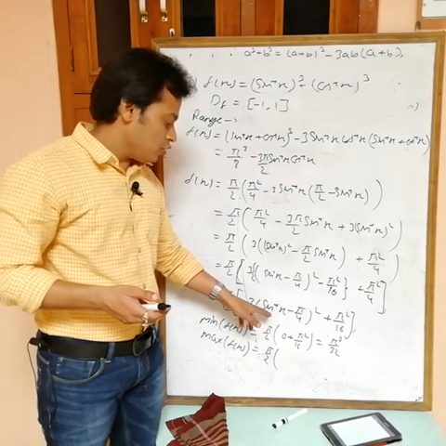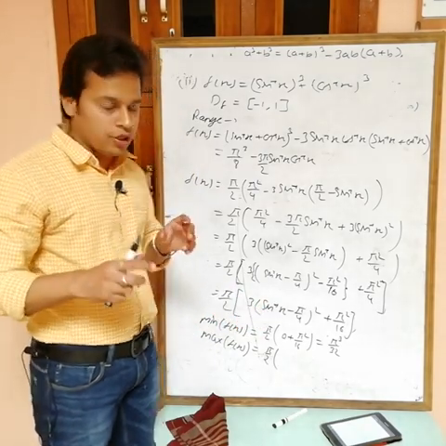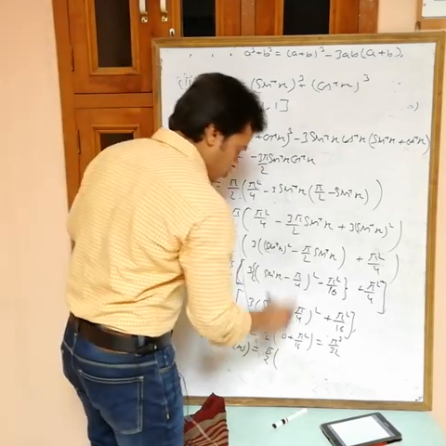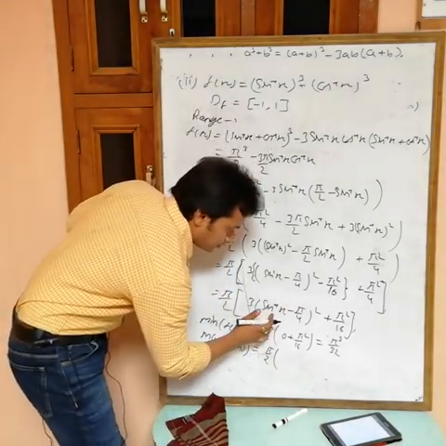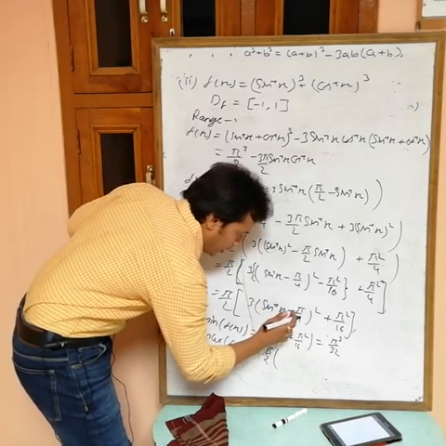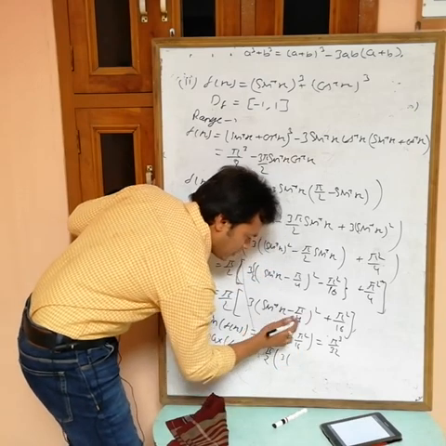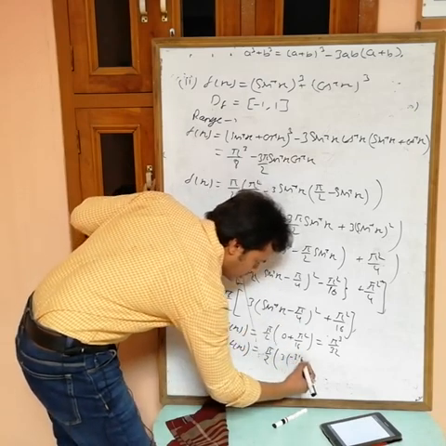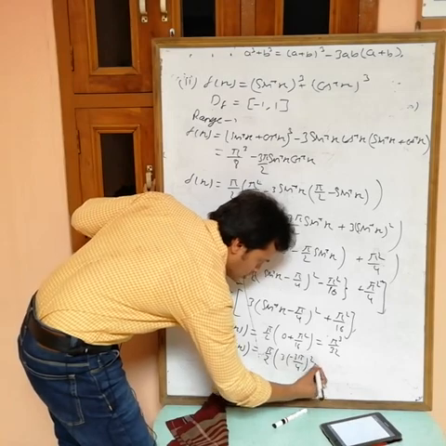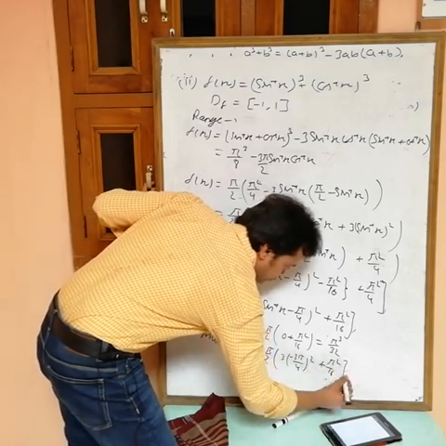Okay, so 3 pi by 4 is more than pi by 4. Okay, so I am putting sine inverse x equal to minus pi by 2 for the maximum value. First I am writing 3 times minus pi by 2 minus pi by 4, that is minus 3 pi by 4 squared, and plus pi square by 16.